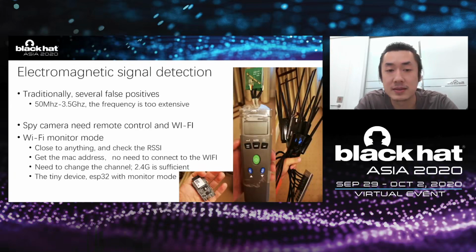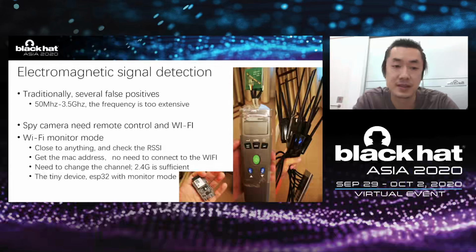Let us look at the electromagnetic signal detection. Traditionally, there are several false positives. However, the spy camera requires remote control and Wi-Fi. Therefore, why don't we just use a Wi-Fi signal for detection? In order to detect the Wi-Fi signal, we need a network card that supports monitor mode.